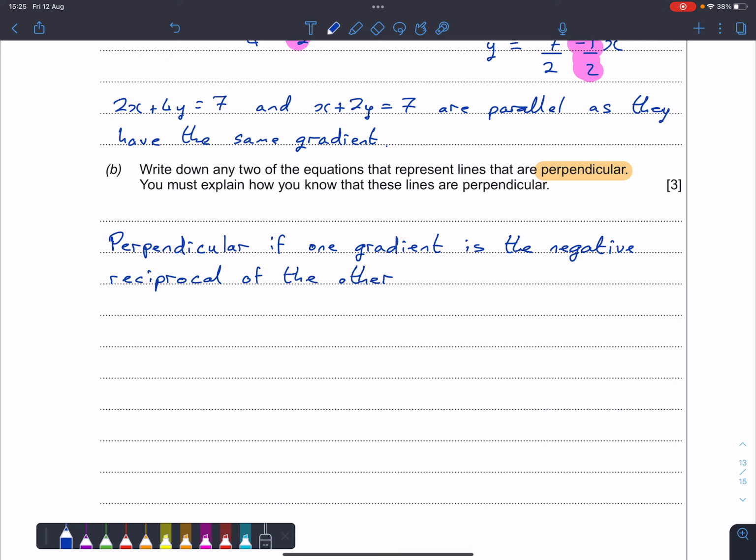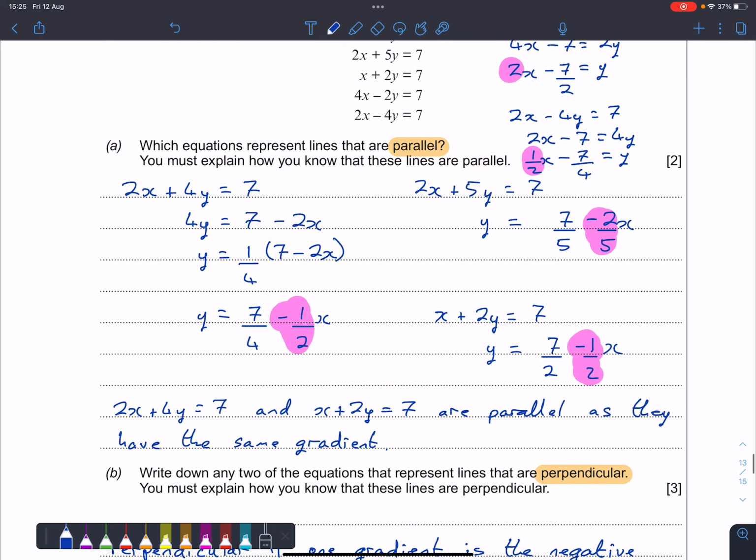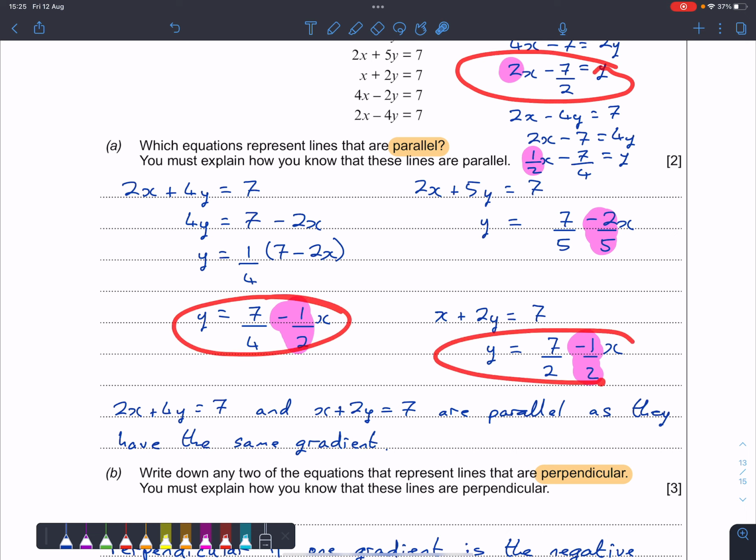Another way to think about this is if the two gradients multiply to give -1, then that will happen. So looking at the ones that we've got, the ones that will multiply to give -1, okay, so we have a choice. It has to be this one, but it could pair with either one of those two parallel lines.